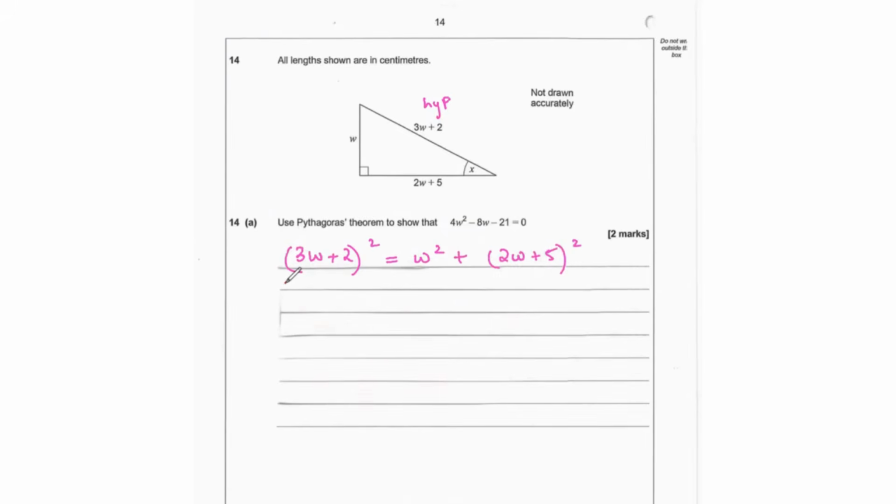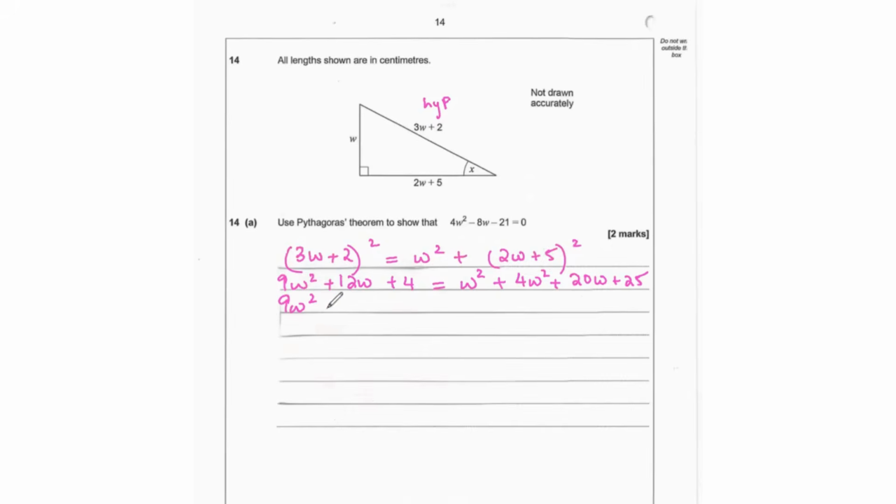Expand the bracket. 9w squared plus 12w plus 4 equals w squared plus 4w squared plus 20w plus 25.